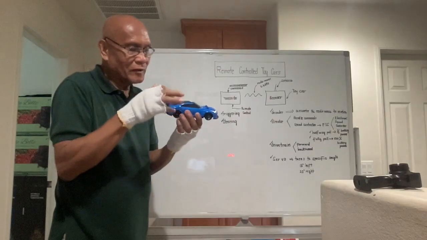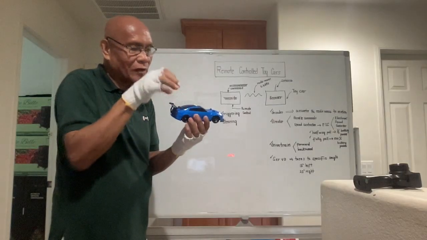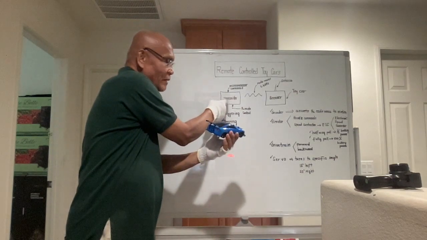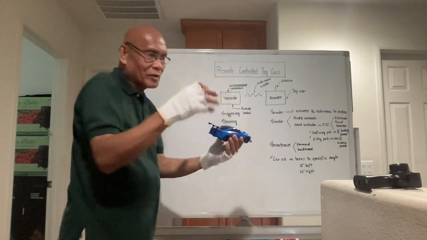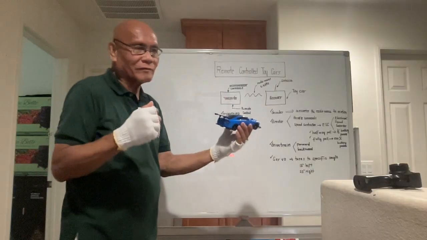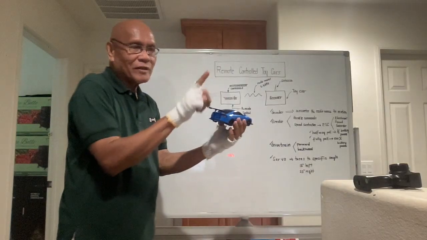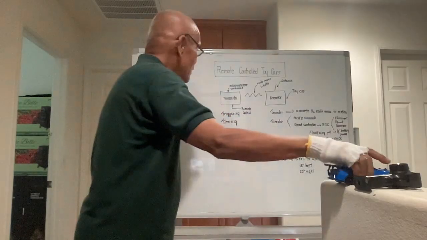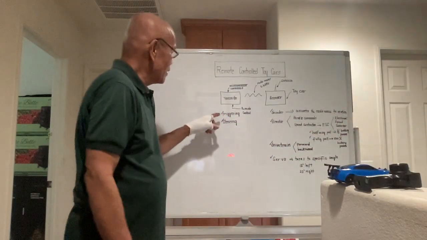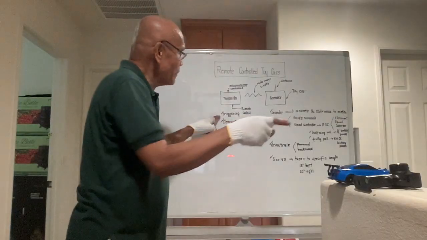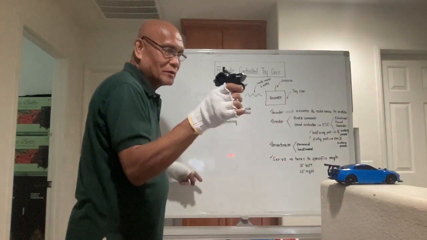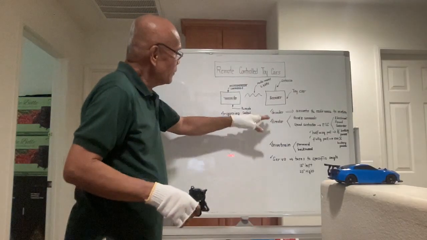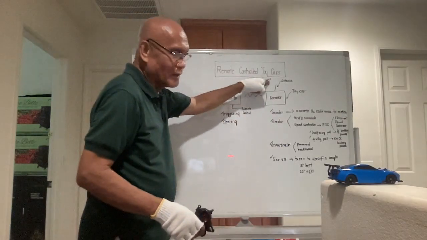According to the manual, the antenna is inside. It's just like a cell phone, right? You cannot see any visible antenna, but there is an antenna inside. So if you trigger this one to move forward, it will emit a signal. The radio waves are 2.4 gigahertz. This will be intercepted by the antenna.